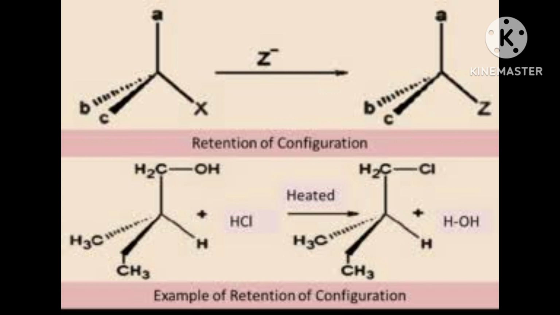Out of four groups, H and CH2 are above the paper and CH3 is down the paper. Total four groups are attached: one ethyl group, one methyl group, one H, and another CH2, also called methylene group.